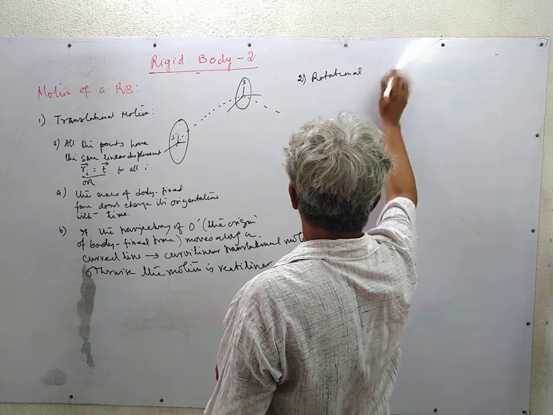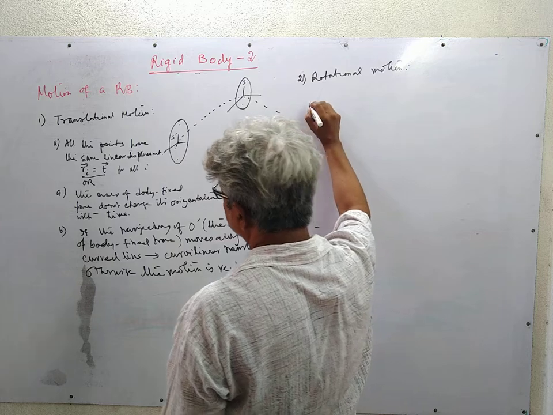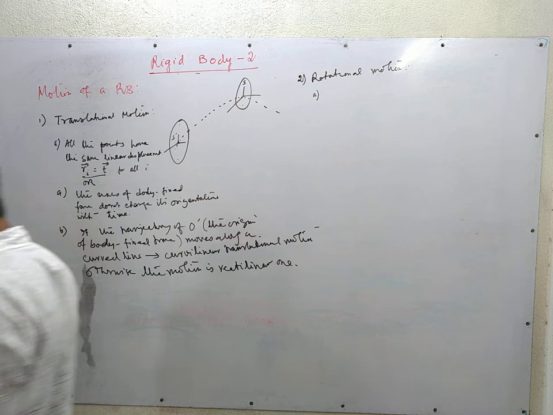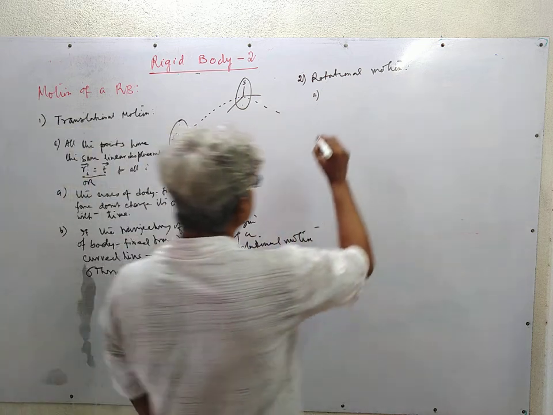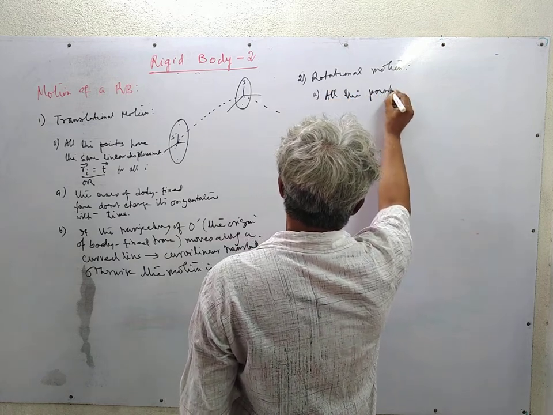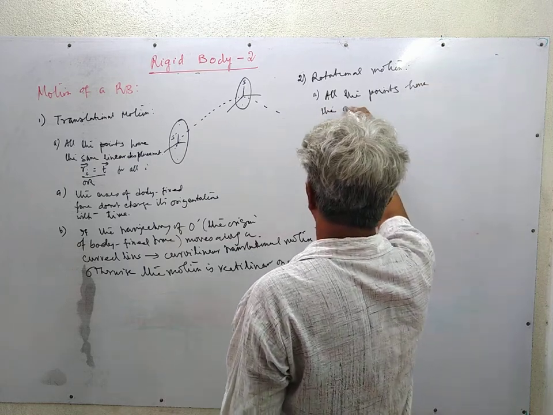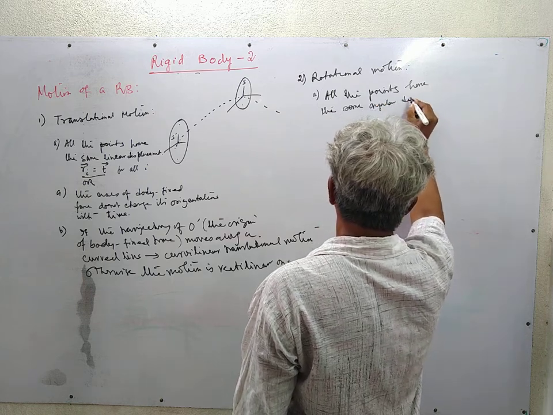Rotational motion of a rigid body. A rigid body is said to undergo a rotational motion when all the particles of the rigid body undergo the same angular displacement. All the points have the same angular displacement.